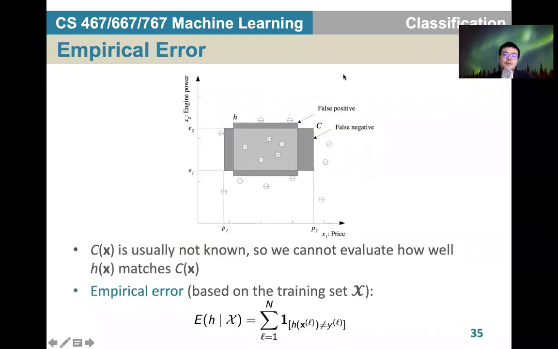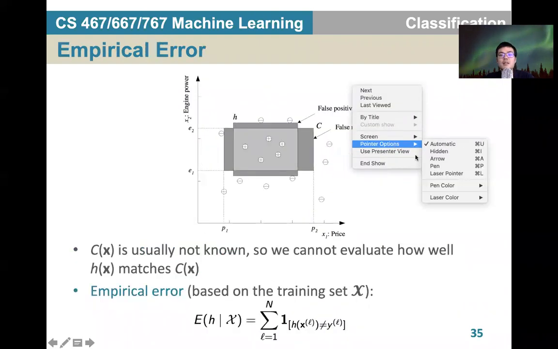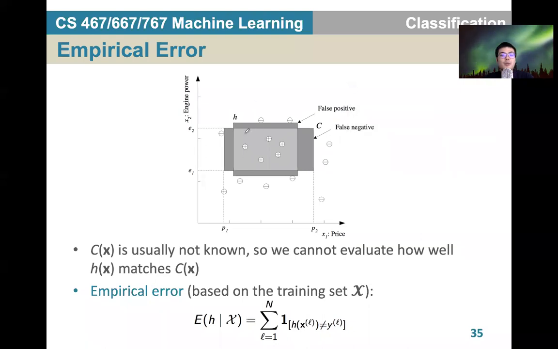Now you can see there are some mistakes. So you can segment this space into 4 parts. One is the gray part where both are correct: you think it's positive, and the hypothesis is also positive. You have the white part, where both are negative. You also have this rectangle and this rectangle.